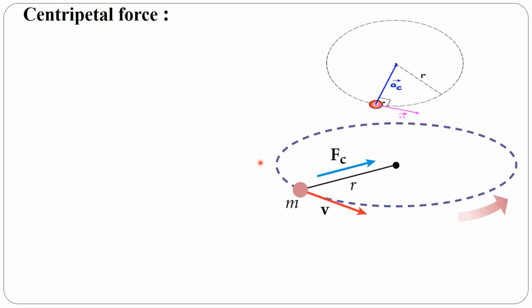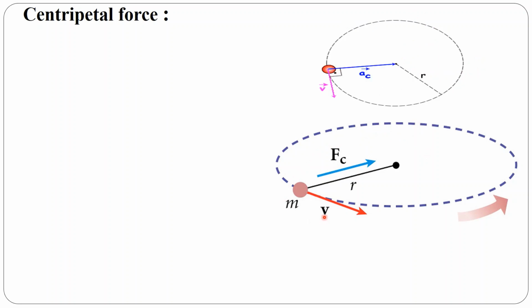So what is centripetal force? Let's see the figure. Centripetal force is associated with centripetal acceleration that we already discussed. Centripetal acceleration is acting along the radius and towards the center. Similarly, centripetal force is also acting along the radius and towards the center.